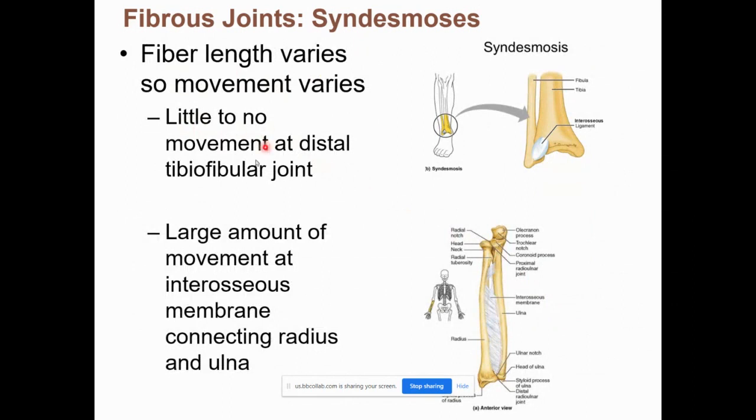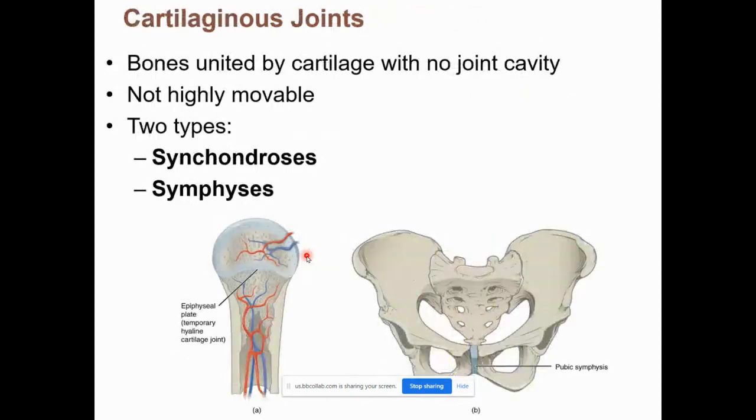There's little to no movement at that distal tibiofibular joint, which is way down here. But there's a large amount of movement between the radius and ulna where you have that large space. So you can't really say if a fibrous syndesmosis is a synarthrosis or amphiarthrosis. It just depends where between those bones we're talking about.